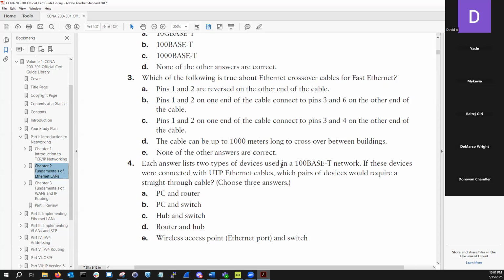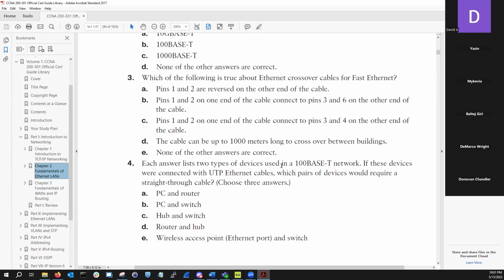Let's read the question again. Each answer lists 2 types of devices used in a 100BASE-T network. If these devices were connected with UTP Ethernet cables, which pairs of devices will require a straight-through cable?